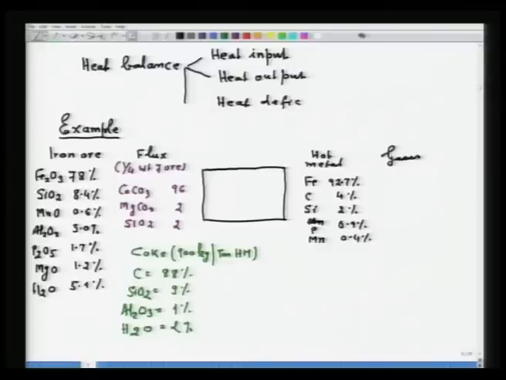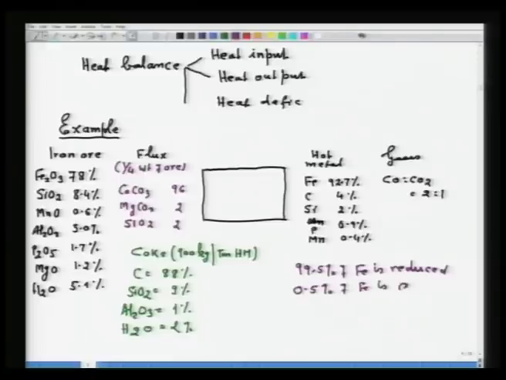Gases: CO to CO2 in this particular problem is 2:1. Also it is said that 99.5% of iron is reduced. That means only 0.5% of iron is slagged. So, we have to make calculations now.